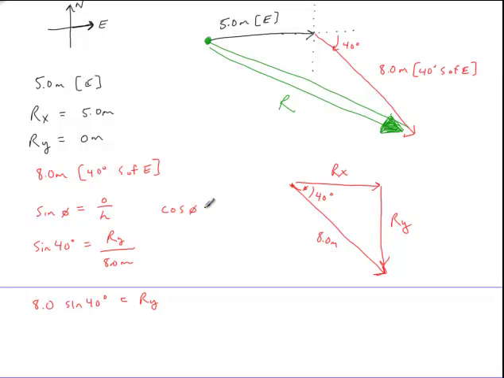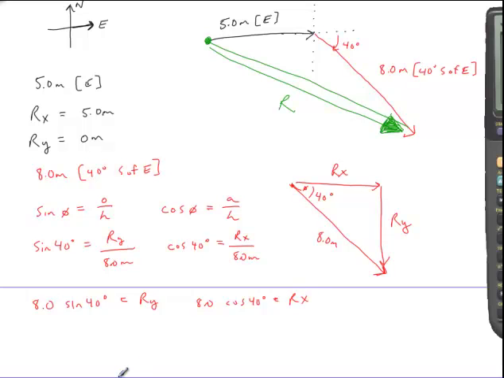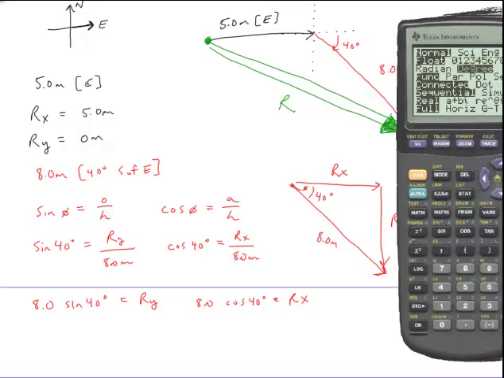Remember that cos theta equals adjacent over hypotenuse. We have theta. Adjacent to theta is Rx. The hypotenuse is 8. So cos 40 degrees equals Rx over 8 meters. If you rearrange that, 8 times cos 40 degrees equals Rx. So by using simple trig, we can figure out what the components are.